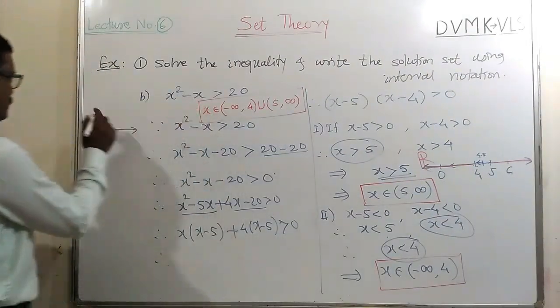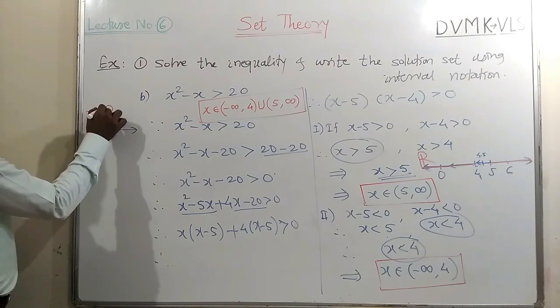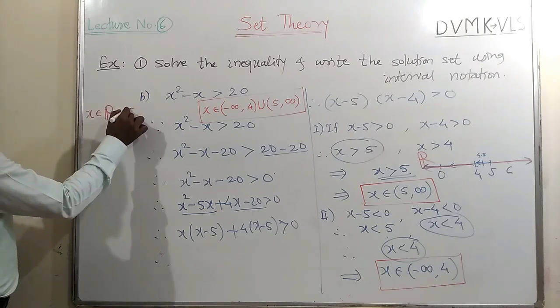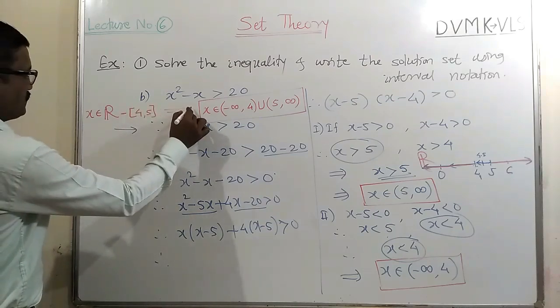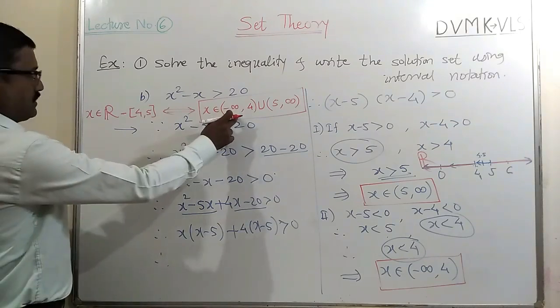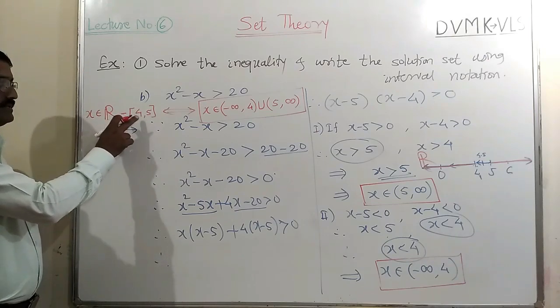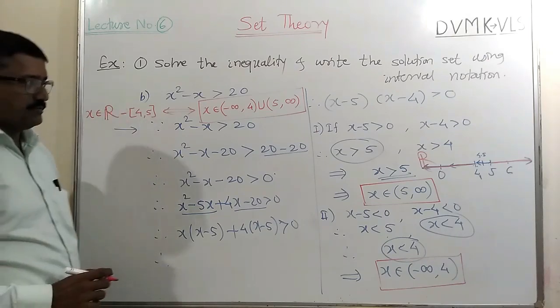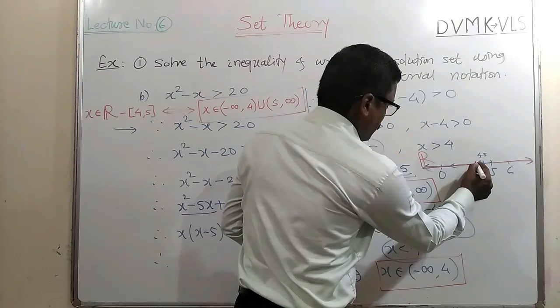So the solution can also be written as x belongs to the set of all real numbers except closed interval 4 to 5. These both are the same. So this answer can be written in this form as x belongs to the set of real numbers minus closed interval 4 to 5, because here 4 is open, 5 is also open.